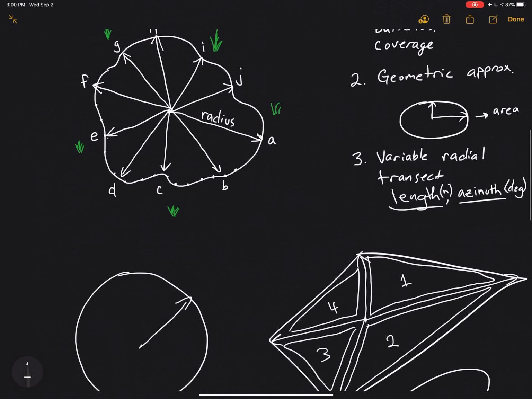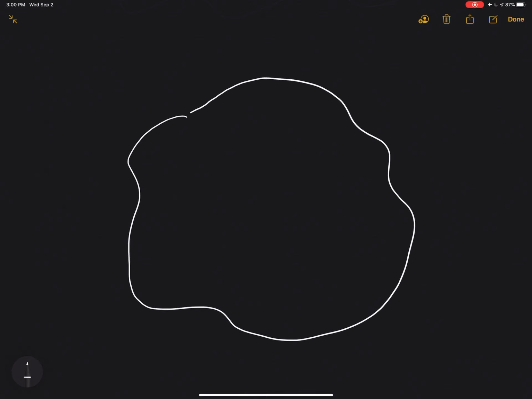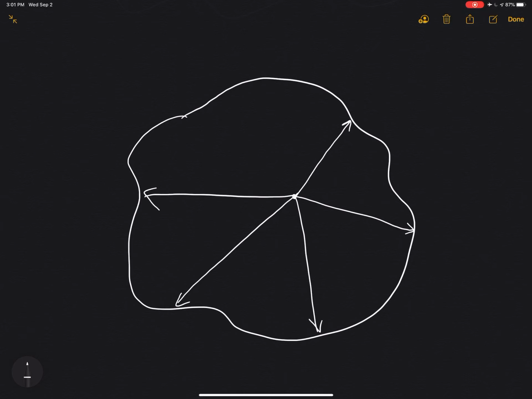Okay, let's recreate this so we got a little bit more space. Here's our campsite. Here's an arbitrary center point. As long as you use the same center point, it doesn't matter where it is. Here's our first radius, our second radius, third, fourth, fifth, sixth.